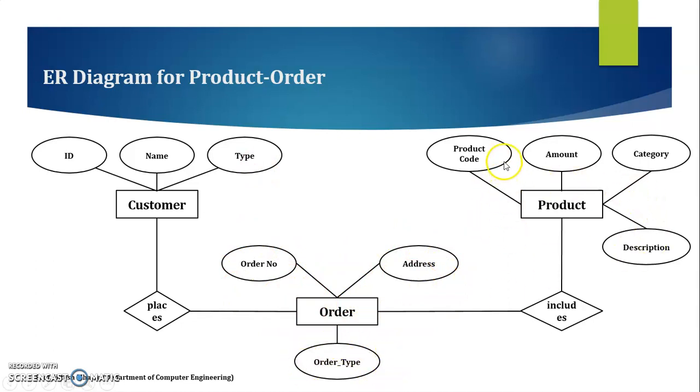For a product, we have product code, amount, category, and the description. Now to have the relation between the customer and the order, we have customer, places, order. So places becomes your relationship, and your order includes a product, so includes becomes a relationship. So this is the initial first step, that is the ER diagram for your database.